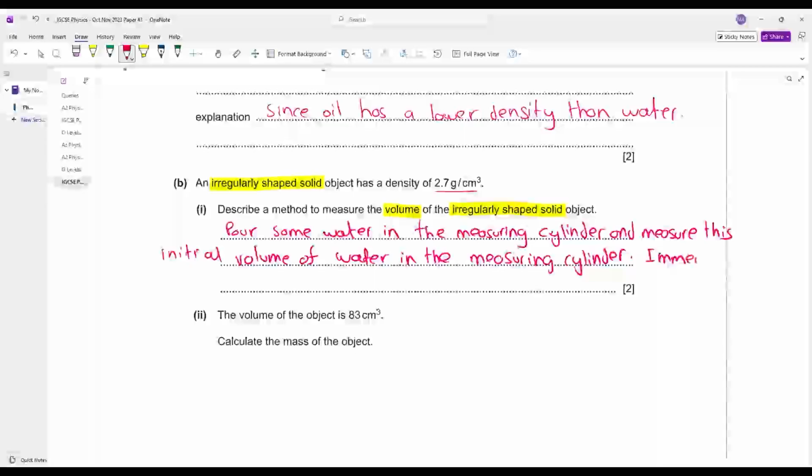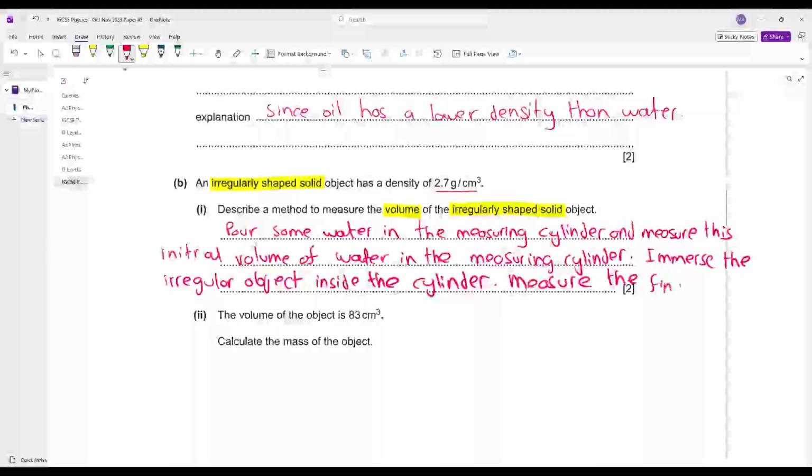Immerse the irregular solid inside the cylinder. Measure the final volume. And lastly, the difference between final and initial volume.